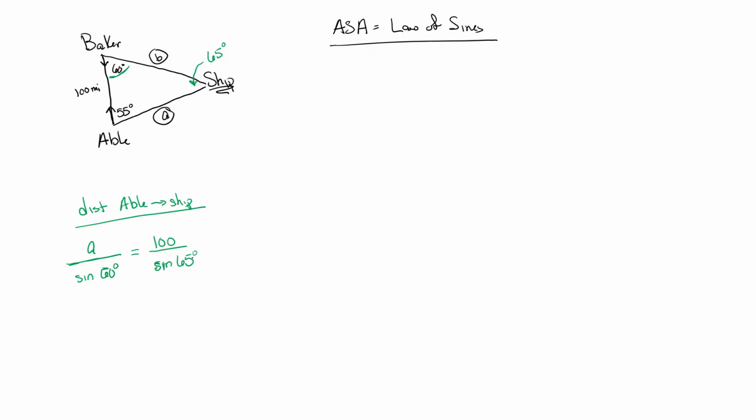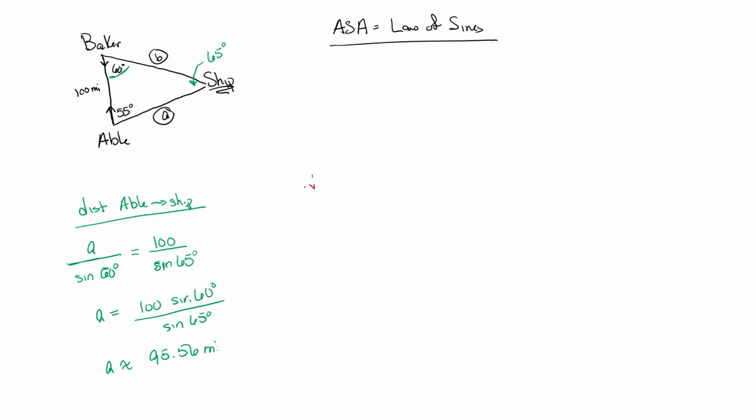You're probably going, yeah, that wasn't a surprise. Okay, do your algebra. Both sides being multiplied by the sine of 60 degrees. Again, make sure your calculator's in degree mode. I ended up with Able is 95.56 miles away from the ship.